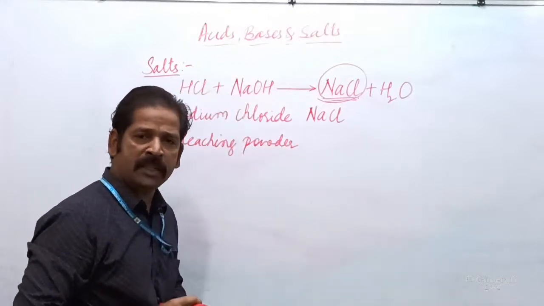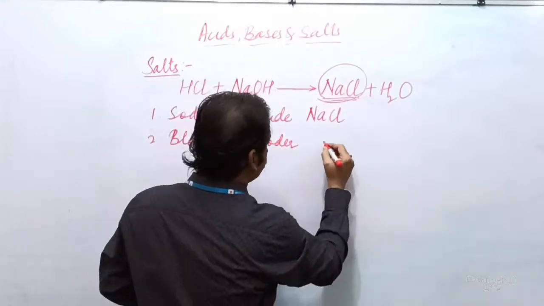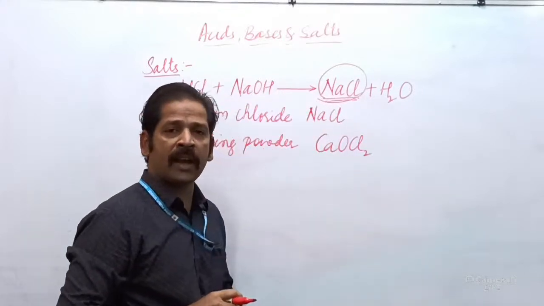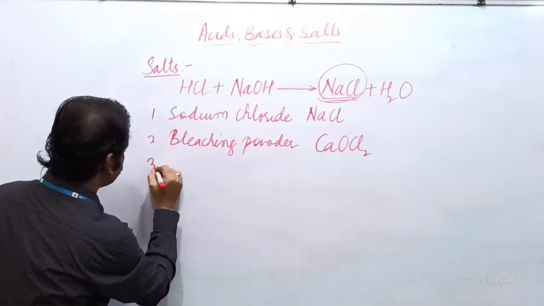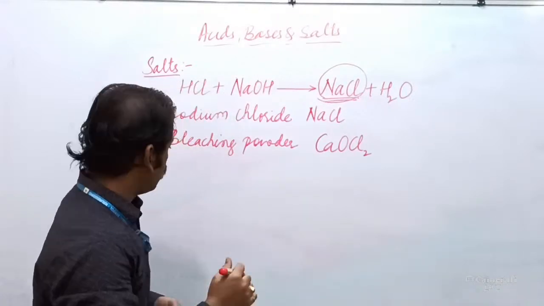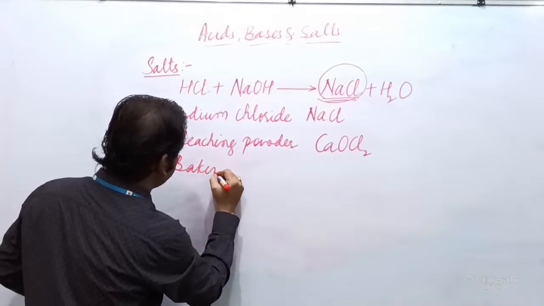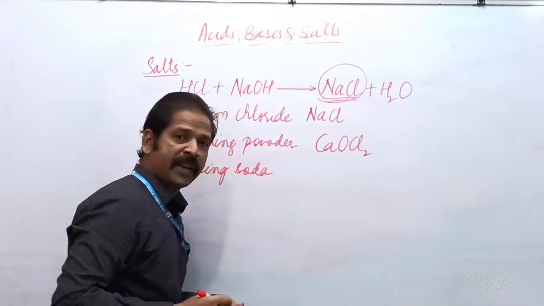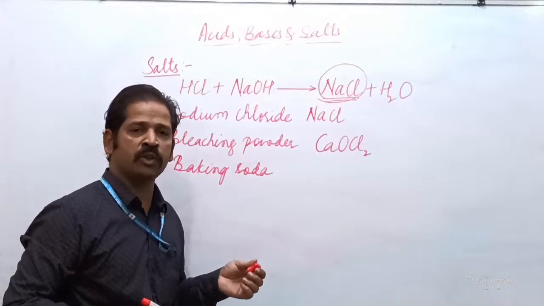The formula of bleaching powder is CaOCl2. It is also called calcium oxychloride. The third salt is baking soda. Baking soda, its formula is NaHCO3.